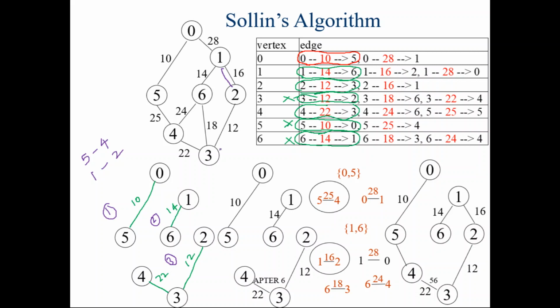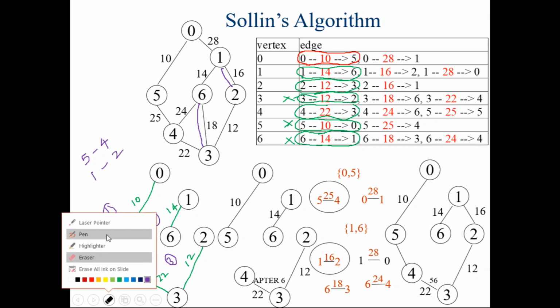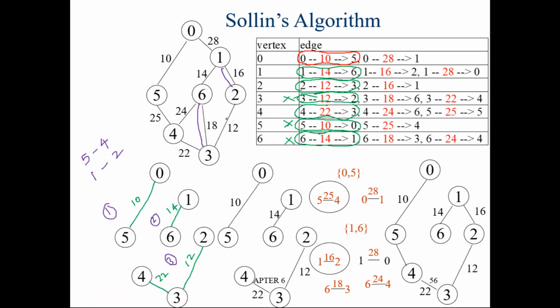Coming to 3, 3 to 2 is already added, so leave it. 3 to 6, the cost is 18. 3 to 4 is already added, so there is no point in checking that, we will leave it. So starting from 3 we have 3 edges, but 2 were already added, so we have only one option, which is 3 to 6.